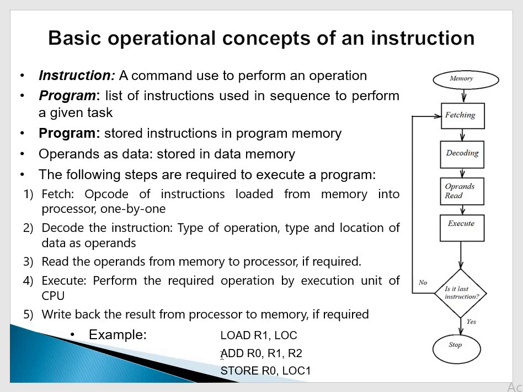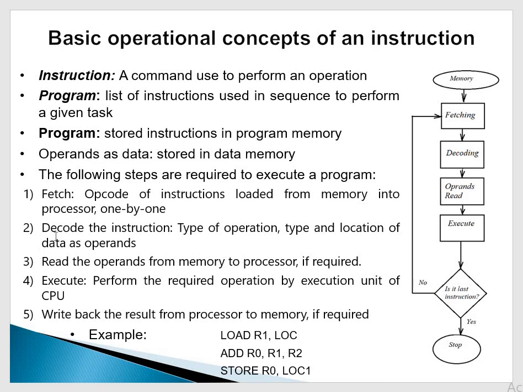But in the case of the second instruction, ADD R0, R1, R2, it has to perform an operation called addition, but the operands are within the microprocessor, because R0, R1, R2 are the internal registers of the processor. So in this case, the processor reads the operands from the internal registers only. It will not access the data from the external memory.